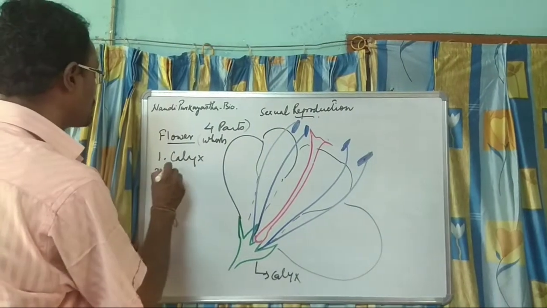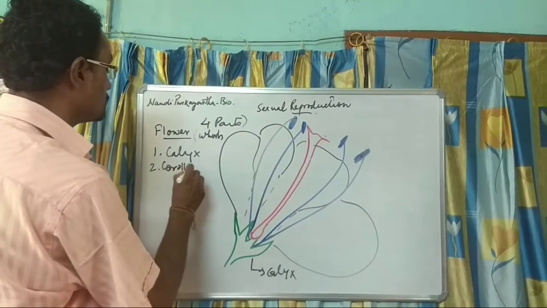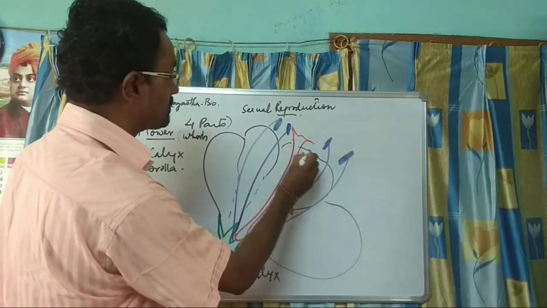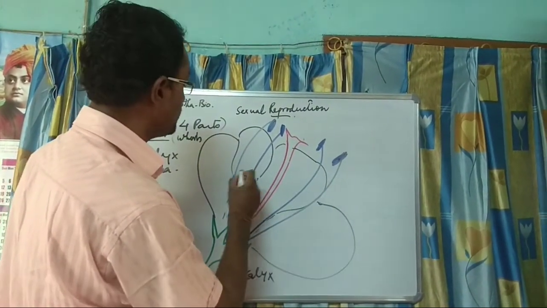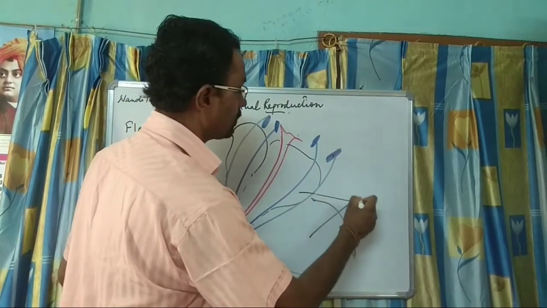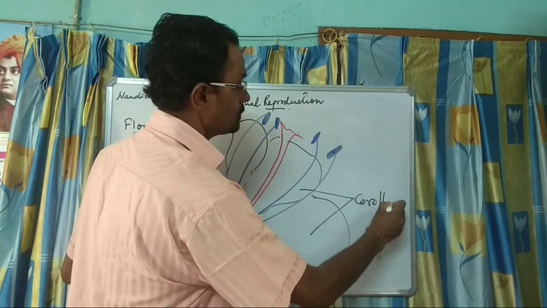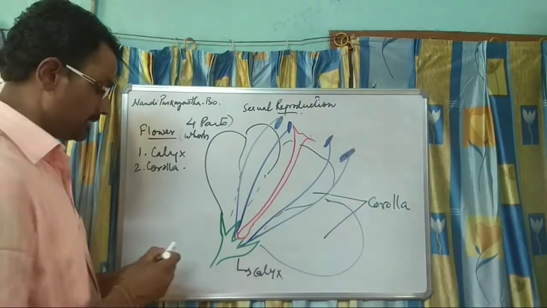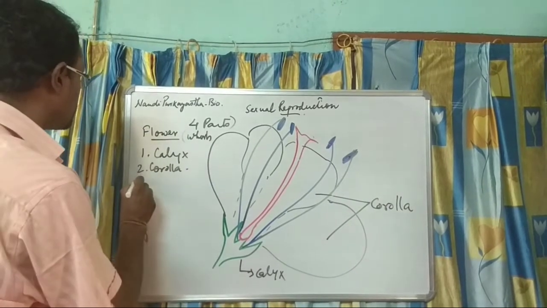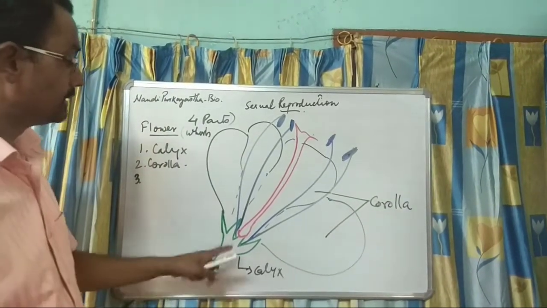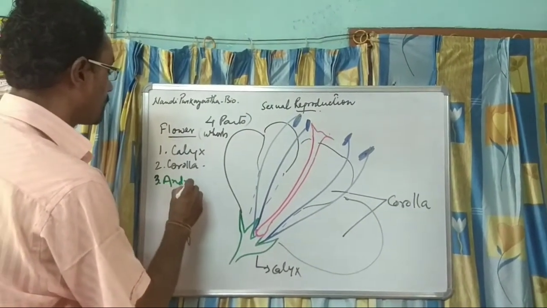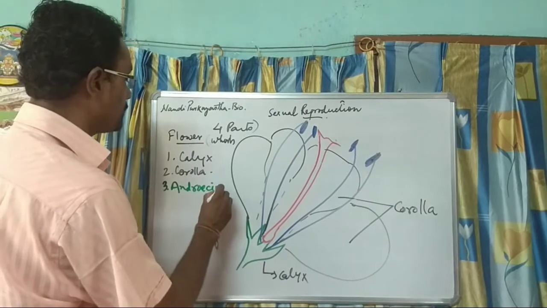Next, number 2, is corolla. This black one that I have drawn here, all these parts, are called corolla. The third one is the androecium, A-N-D-R-O-E-C-I-U-M.